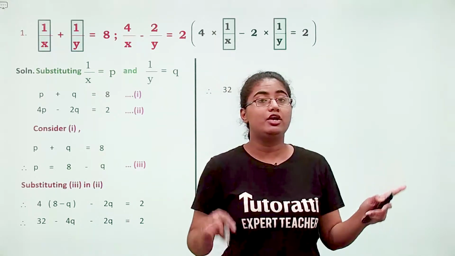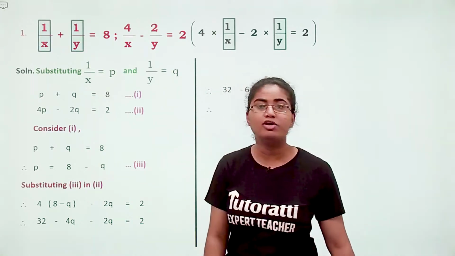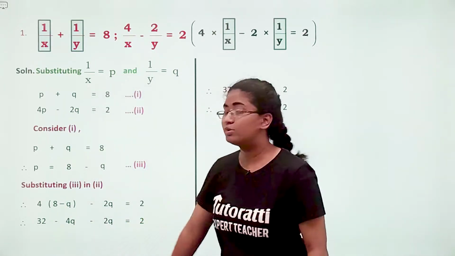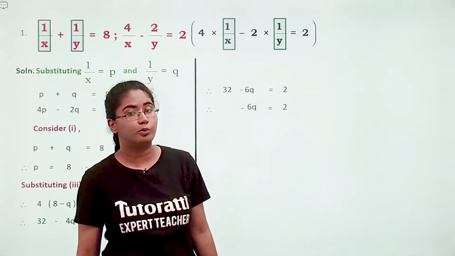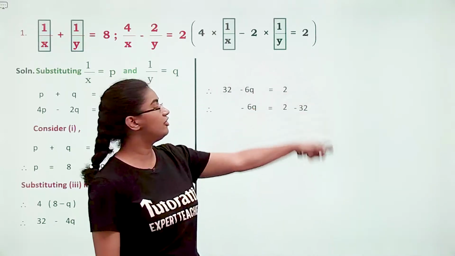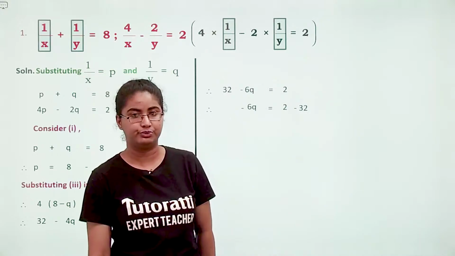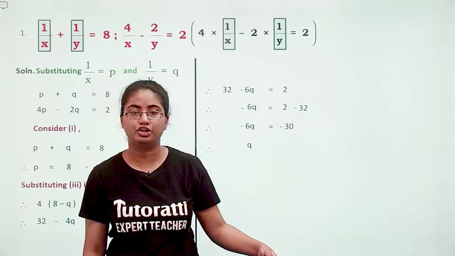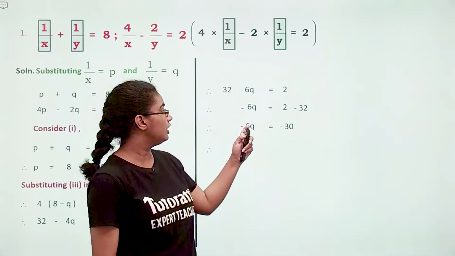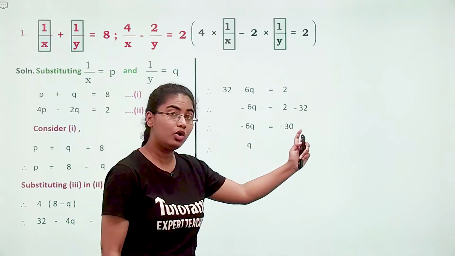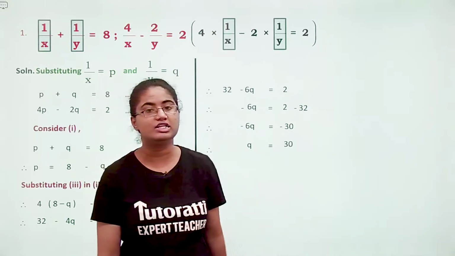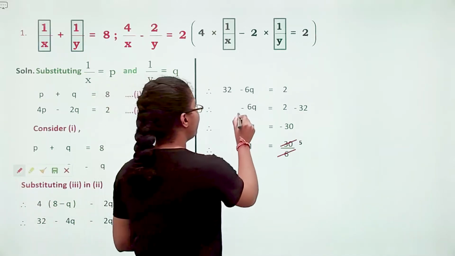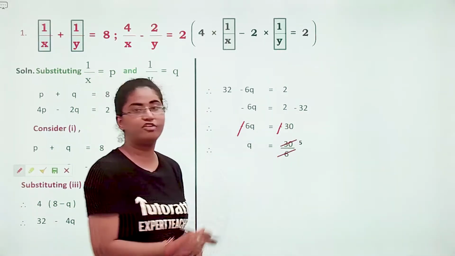Variables on one side, constants on the other side. बराबर, variables on one side and constants on the other side. So we'll keep our variable which is minus 6q on one side, 2 and shift 32, it will become minus 32. Alright, 2 minus 32 कितना होता है, minus 30. Alright, so you have minus 6, उधर shift करो, you'll have q is equals to minus 30 upon minus 6, या फिर you can simply eliminate the minus signs beforehand.